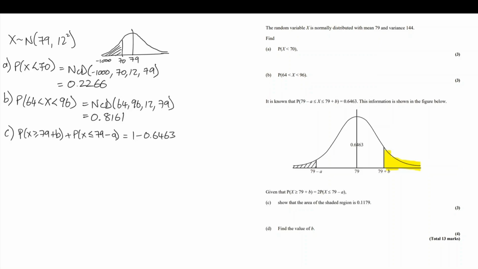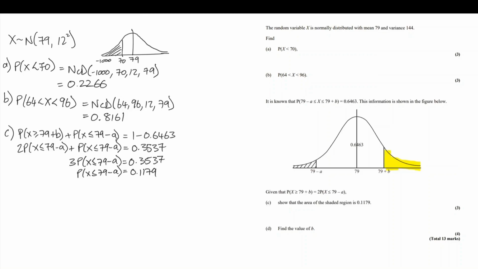Well, since we know the highlighted area is actually twice of the shaded area, I'm going to do a substitution here and swap that expression for 2 times the shaded area. So 2 of the shaded area plus 1 of the shaded area equals 0.3537. 3 shaded areas is 0.3537. 1 shaded area, 0.1179. And this is what the question wanted us to show.